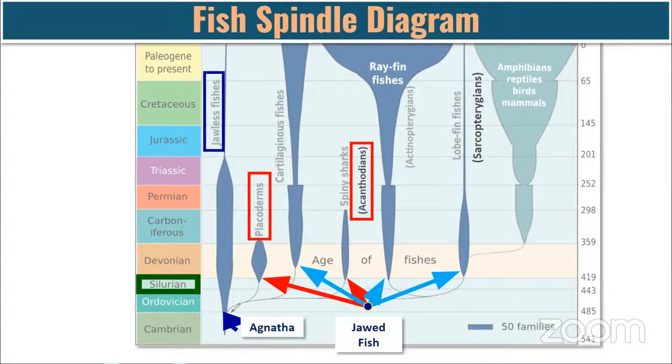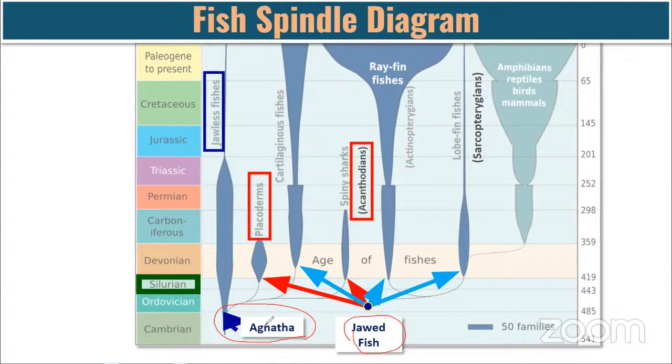So one of the main divisions we think about when we think about fish, in addition to that cartilaginous versus bony separation, we also think earlier than that about whether they have jaws or not. So Agnatha, this group, are our jawless fishes, and then our jawed fishes are over here.